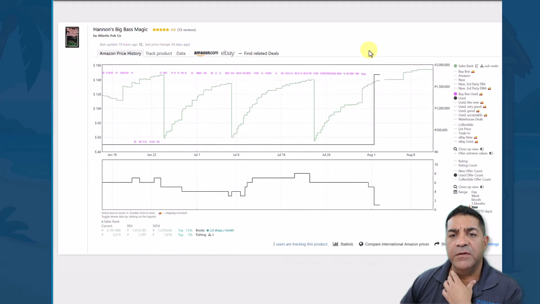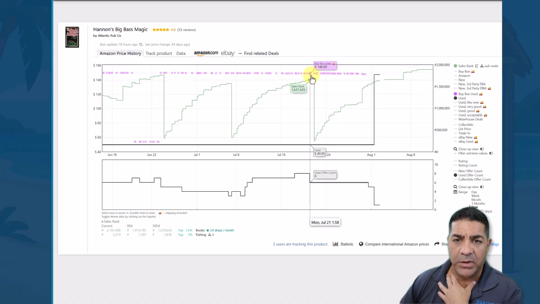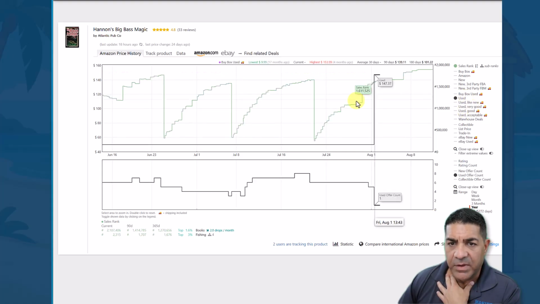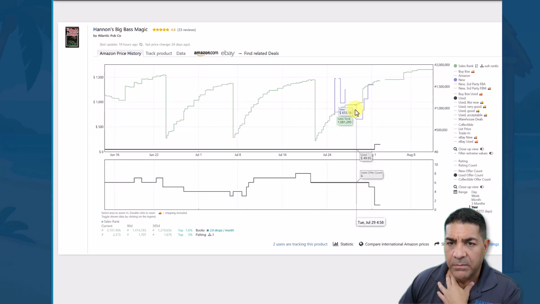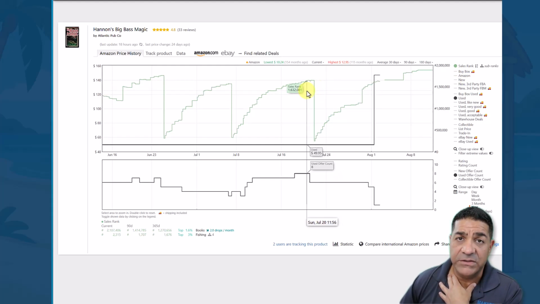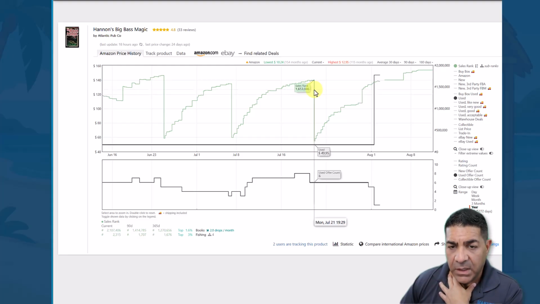The other thing you need to understand, remember from the last video, and most of you probably know this, is that when you see a big dip in the sales rank line, that is likely a sale. So if we examine the Keepa chart here, let me take off the buy box so as not to confuse things. You can see here that we had 8 used offers, and there are no new offers or Amazon offers that would have impacted this. So I'm fairly certain that a used book was sold on July 21st.